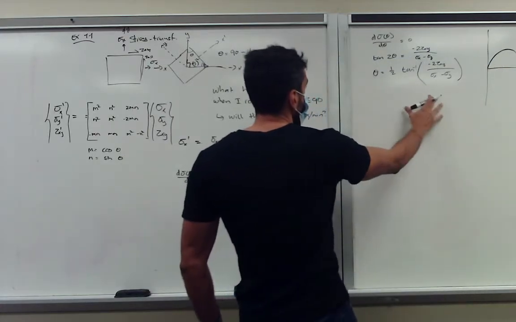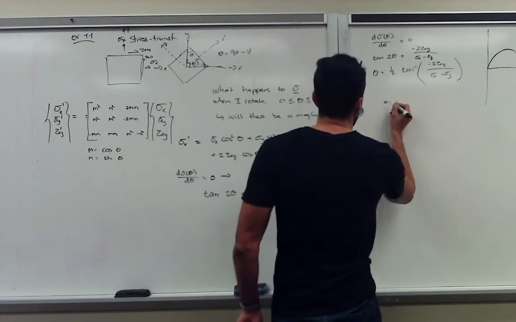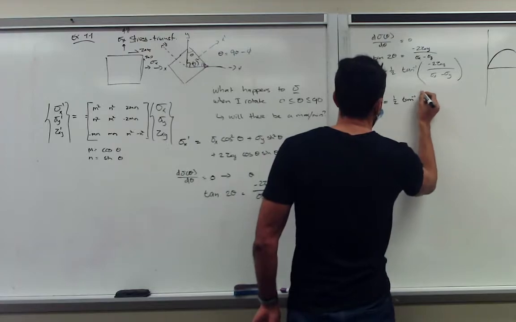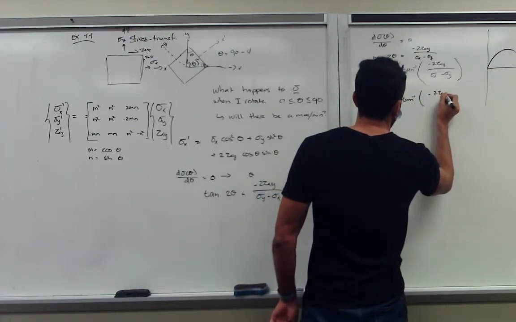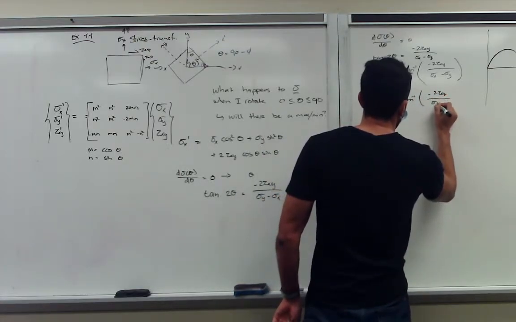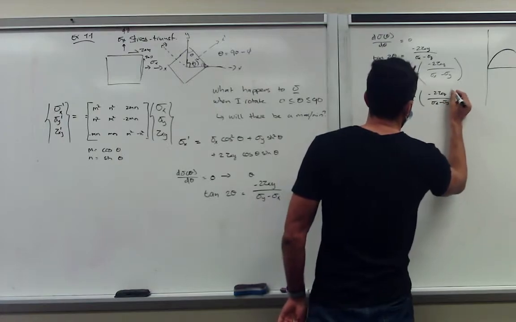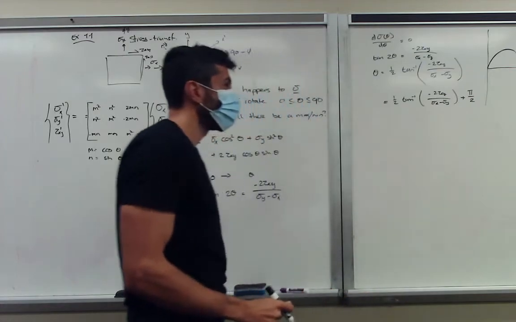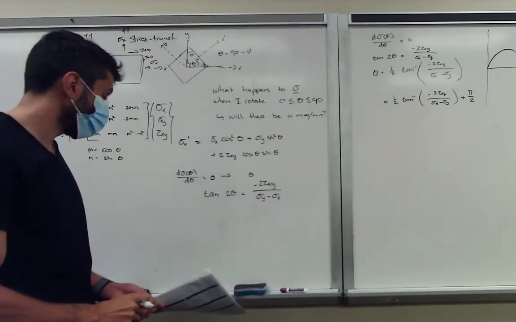So in this case, the other solution is 1/2 tan minus 1 of the same expression, plus pi over 2, which is 90 degrees.